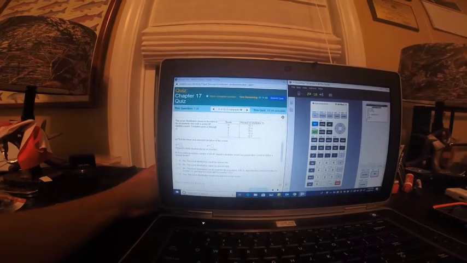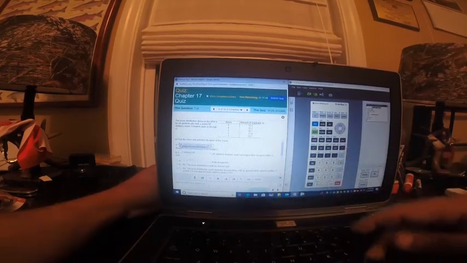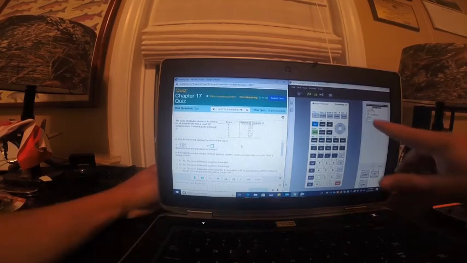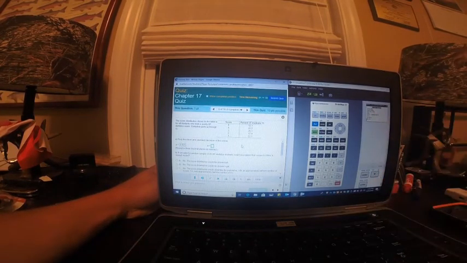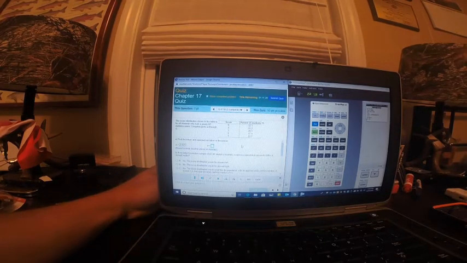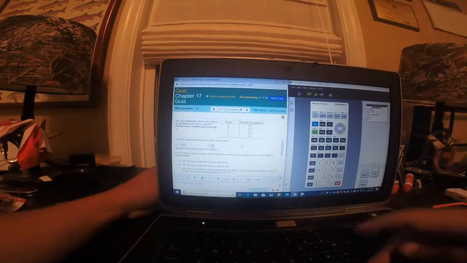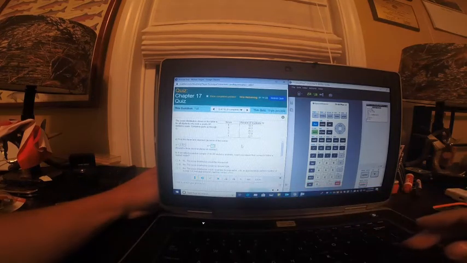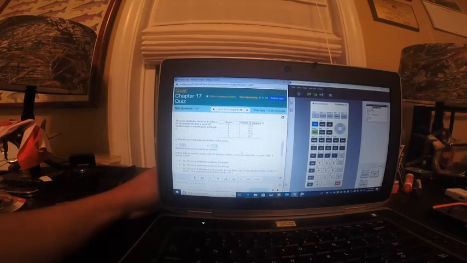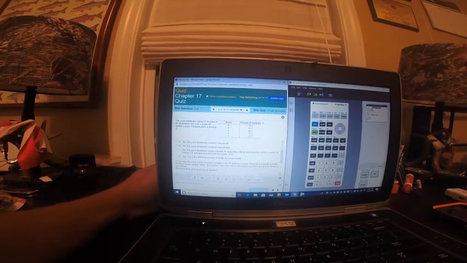The standard deviation is 1.328, and it wants us to round to 3 decimal places, so 1.328. Easy peasy.